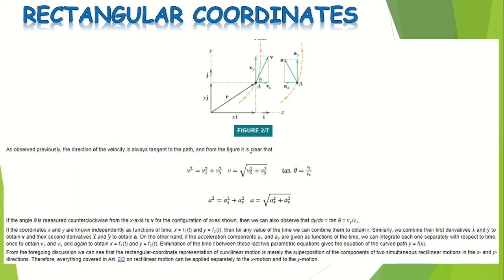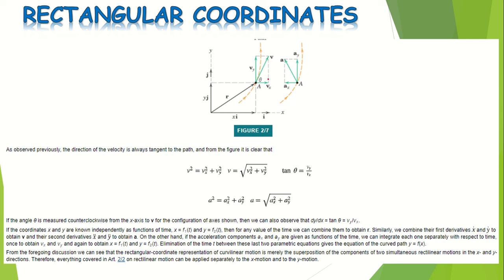And from this figure here, if you talk about velocity, we have v squared equal to, just by using the Pythagorean theorem, so v here is the hypotenuse. We have here the base of the triangle, and this one here is just equal to v y.